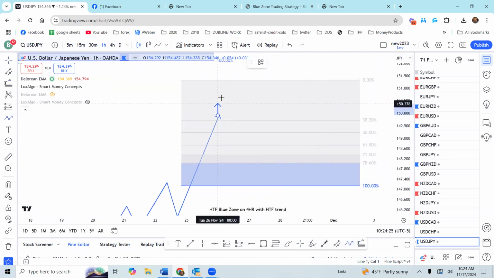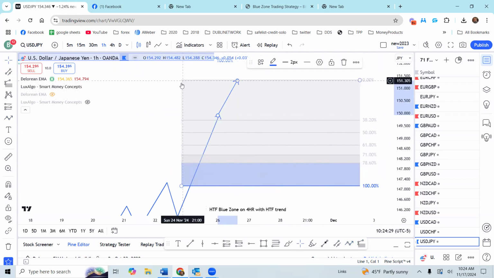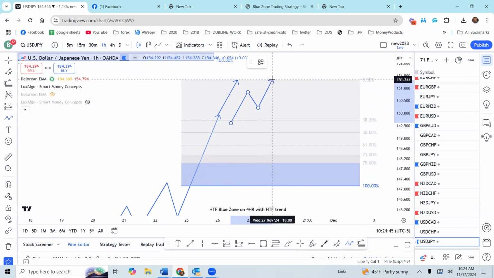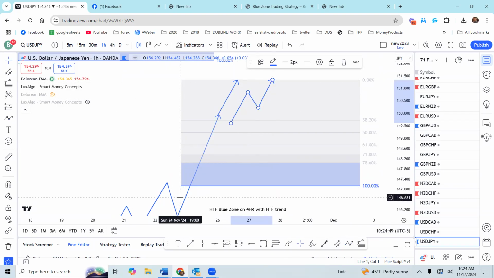So again, this is what it looks like on the 4 hour chart. Price is right there. Now let's say when we drop down to the 1 hour chart, we see the price structure looks a little bit different. Maybe on the 1 hour chart, price pulled up to here, then it makes this move down, and then it goes higher.